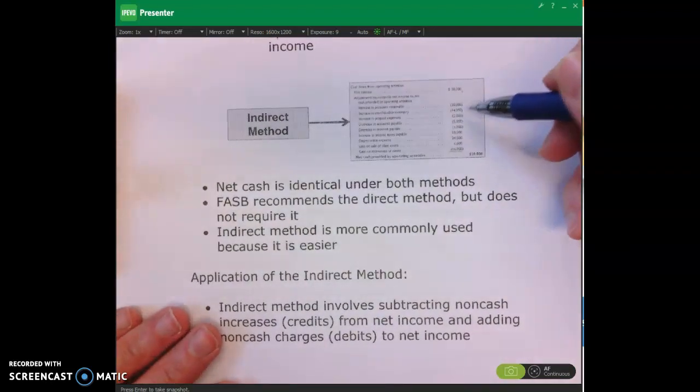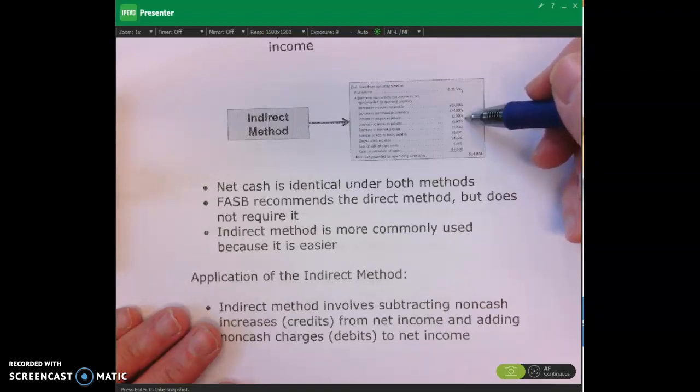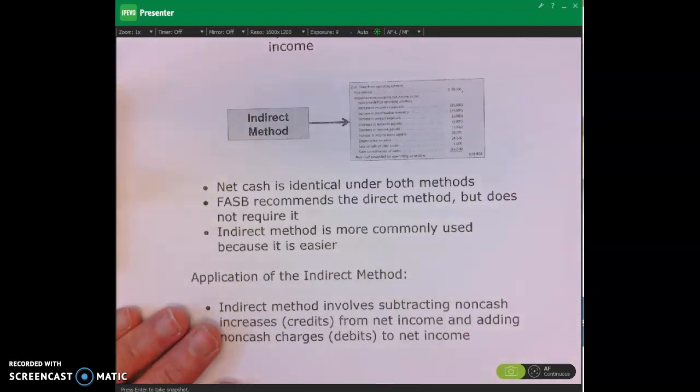We're looking at changes in the balances of non-cash current assets. So again, beginning with the indirect method, first step, pull in net income from the income statement, then look at changes to our non-cash current assets. In the next lecture video, we're going to talk about changes in the balances of current liabilities. Okay, thank you.